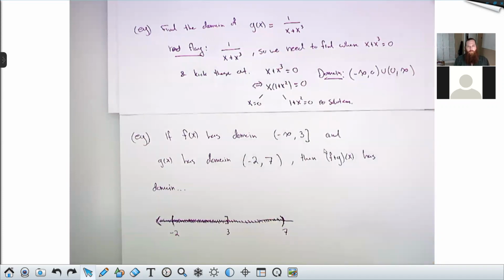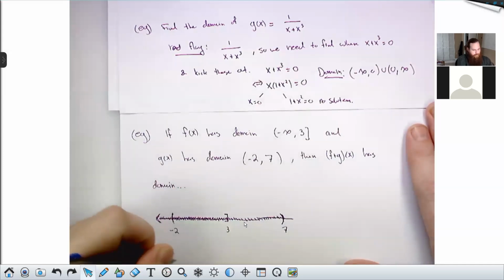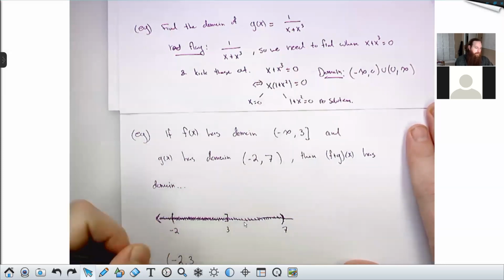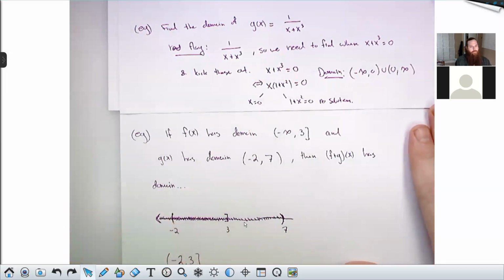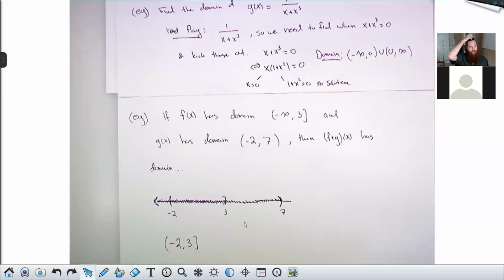So the domain of f plus g, f minus g, and f times g would all be the overlap of these two sets, which is this part right here, the part that got shaded left and got shaded right. That's negative 2 to 3. It's open on the left and closed on the right. This is what we mean when we say sketch the domains to find the overlap.